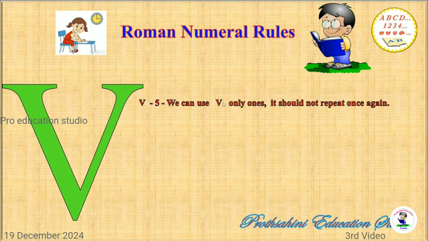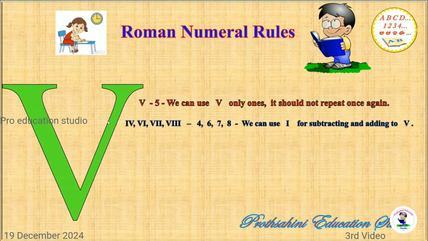We can use V only once. It should not be repeated again. We should not repeat the V 2 times. We should only use it one time. Now we will go on to the next point.